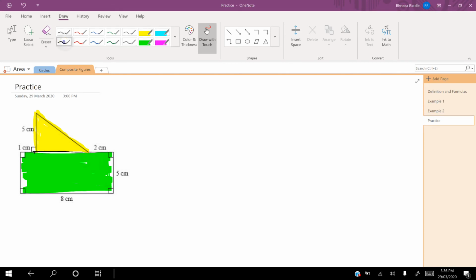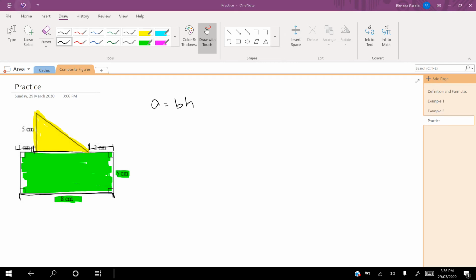So just like before, we got to find the area of both. We're going to start off real simple with the area of the rectangle. A equals base times height, where our base is 8 centimeters and our height is 5 centimeters. Because the 8 is this entire piece, and not this 2 because it's only from there to there, and not the 1 because it's only from there to there.